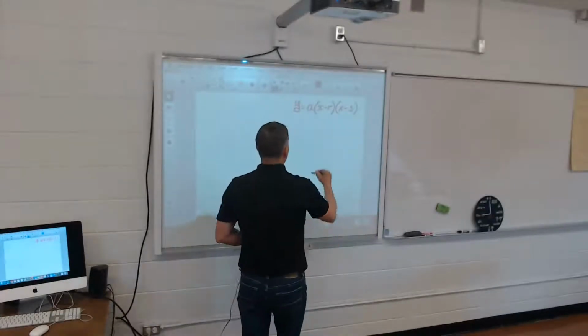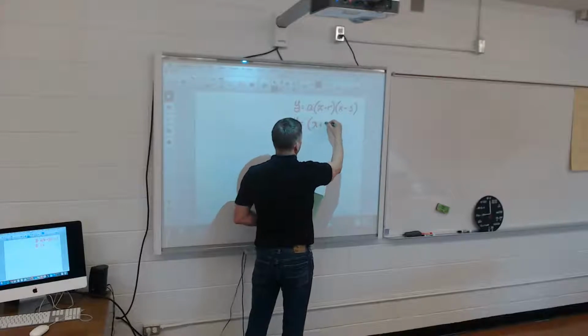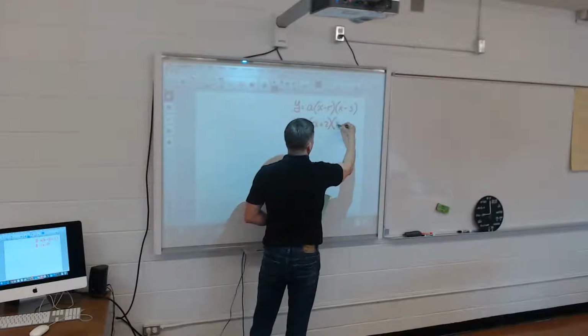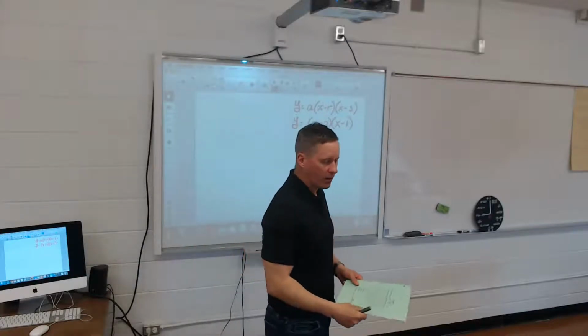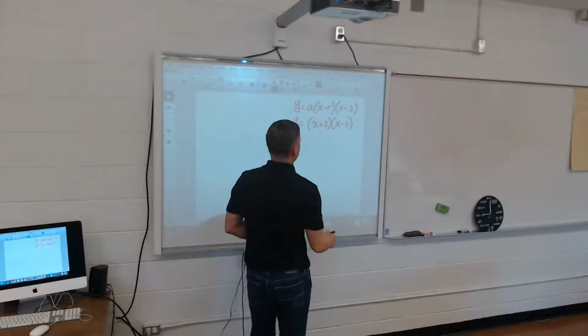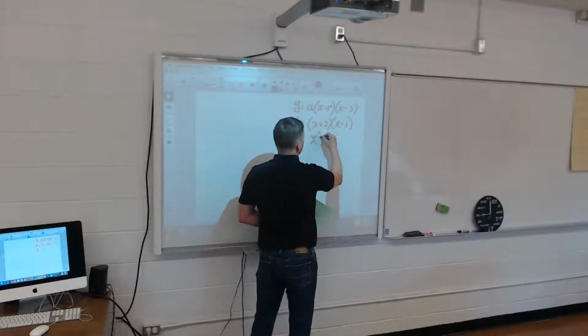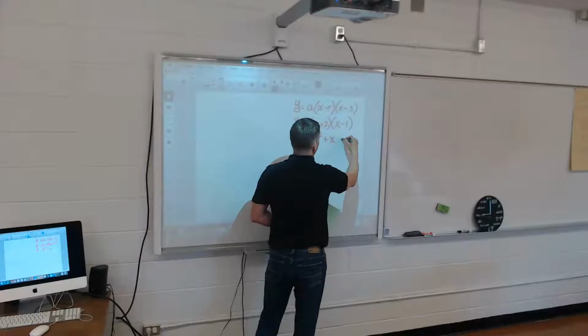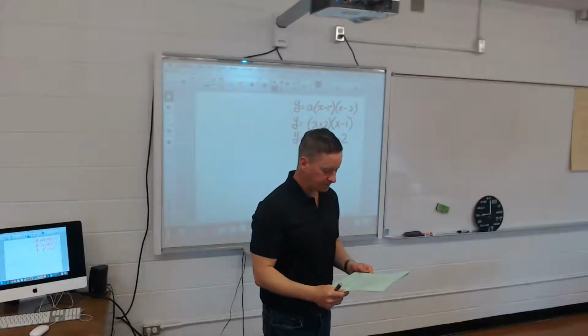So that means that in the original equation there were roots at -2 and +1. So I wrote out my root values: x plus 2 times x minus 1. I FOILed it, and I ended up with x squared plus x subtract 2.